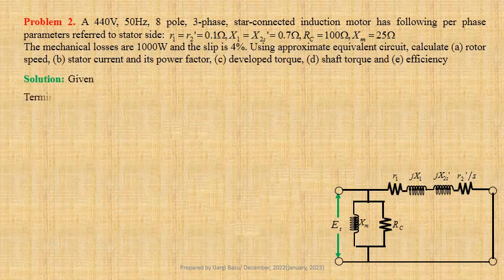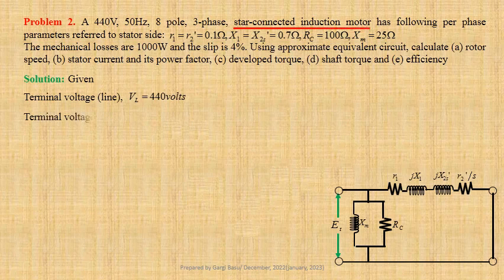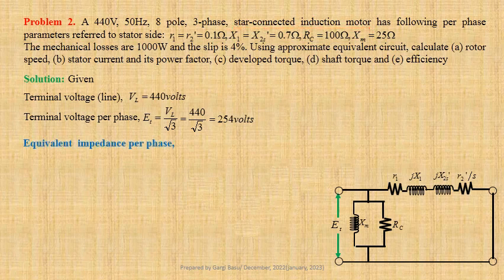Given line-to-line terminal voltage VL equals 440 volts. For star-connected induction motor, terminal voltage per phase ET equals VL by root 3, that is equal to 440 divided by root 3, that gives us 254 volts. We have computed equivalent impedance per phase ZEQ equals 2.953 ohm at an angle 28.3 degree.